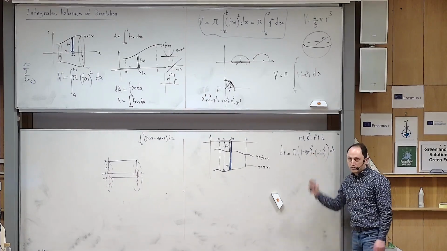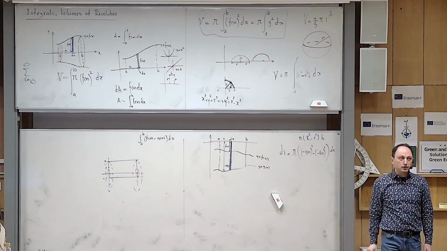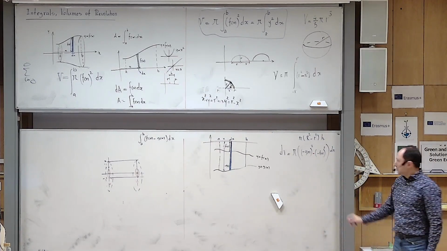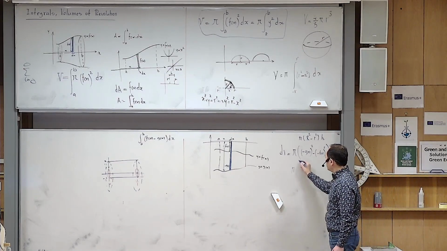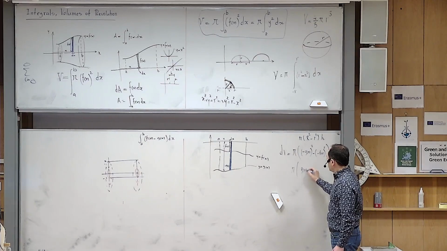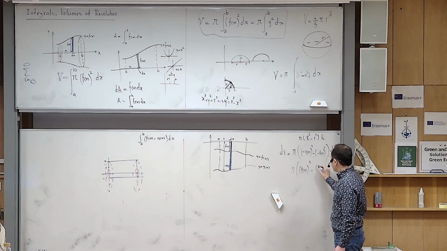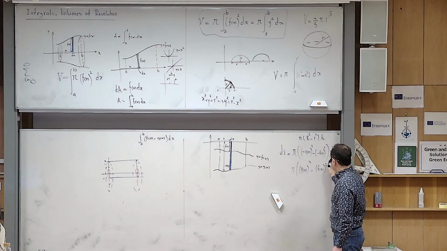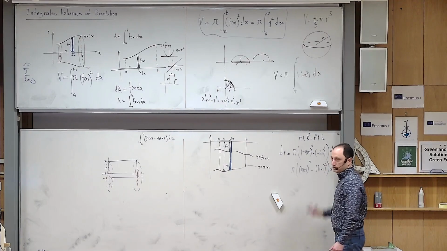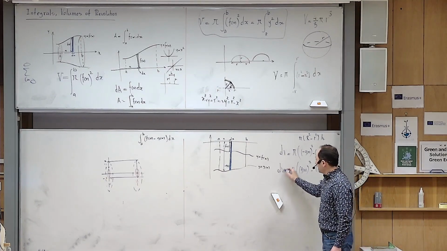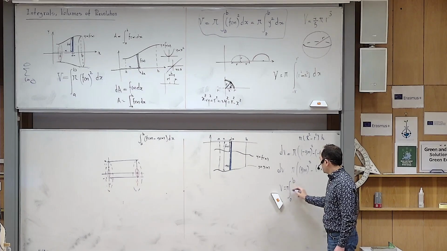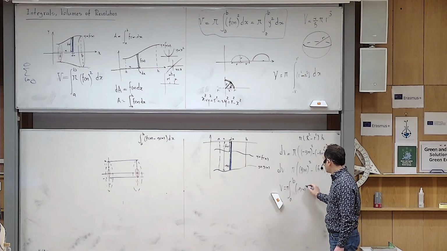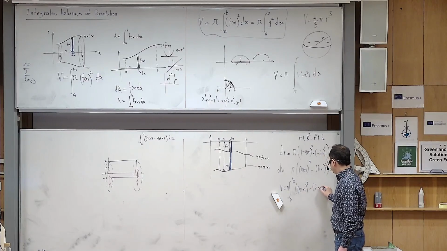It flips the location, which was not the case for the area. You see, this one to power 2. Of course it is understandable. Yes? This is g of x to power 2 minus f of x to power 2. This is your dv. And of course, v becomes the integral from a to b. Pi goes outside, and then I have g of x squared minus f of x squared.